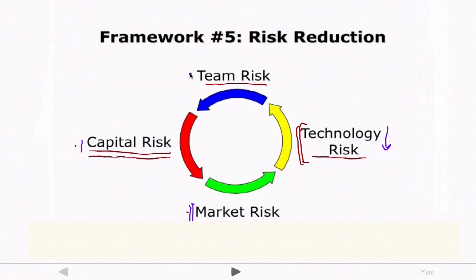And so you can imagine entrepreneurship as a sequential process of reducing risk, that you start with the riskiest aspect, and little by little, you start taking risk out of the venture. If you recruit the initial couple of co-founders, you've taken out some technology risk, or some team risk. If you raise a bit of money, you've taken out some capital risk.